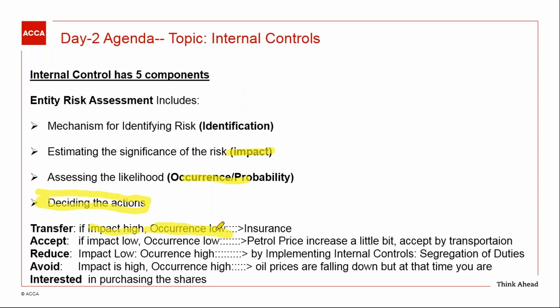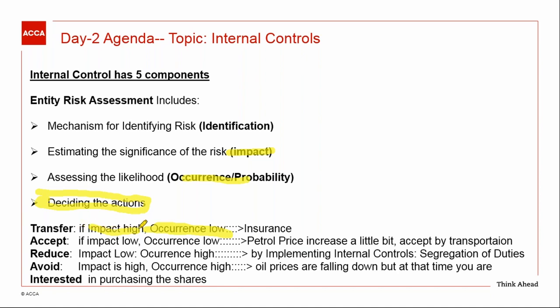Like if I give you the example, the fire in the building, their occurrence is very low, but if that risk takes place, then their impact is too high. Fire will damage each and everything of your building.